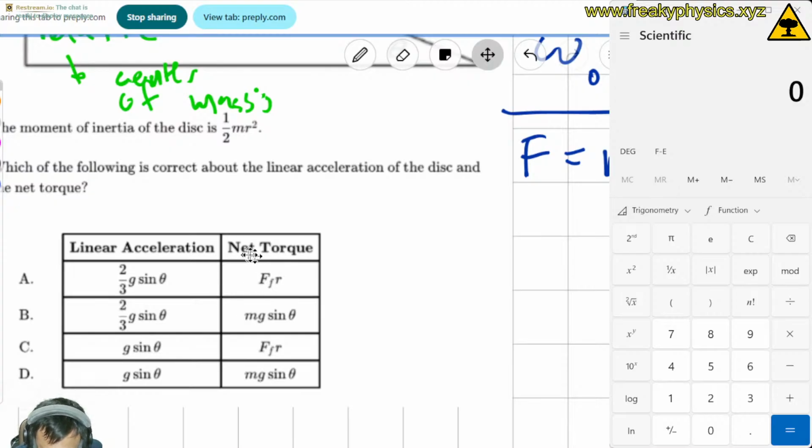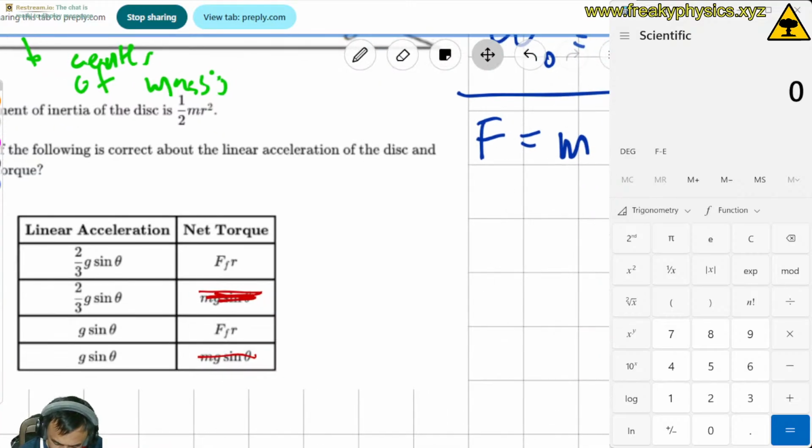Okay. All right. So we can already guess which ones are not the answer: the ones that involve mg. So B and D are wrong because of these, right? Okay. Now, let's take a look here.